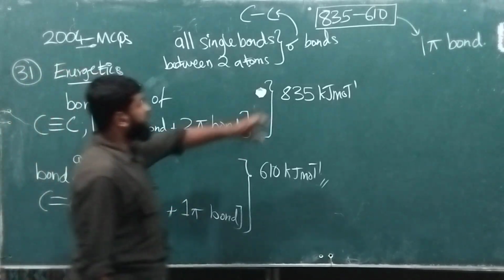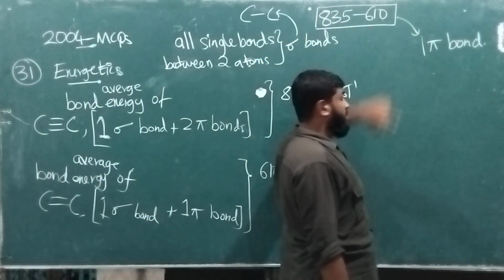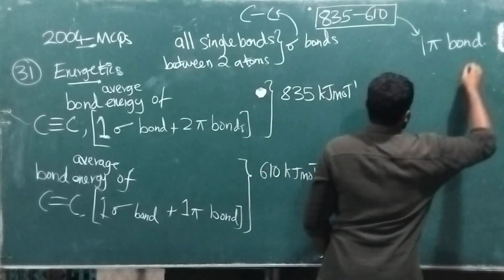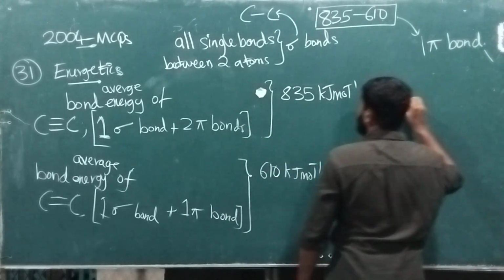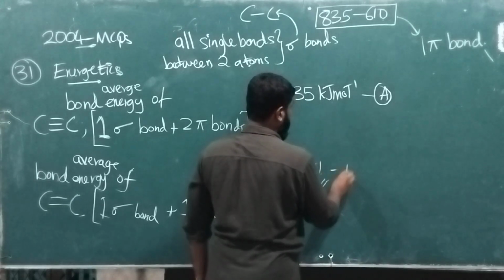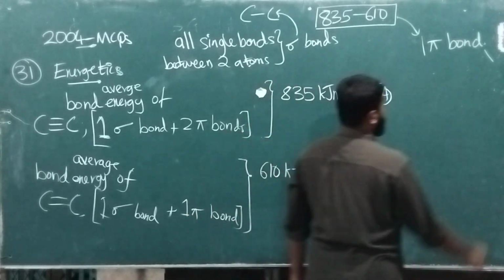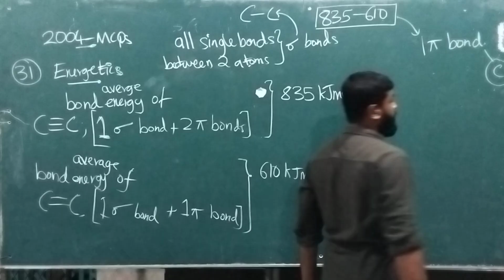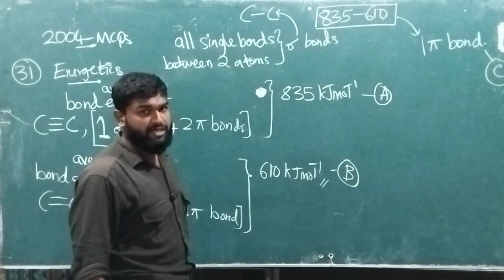Now you have found out the energy which is there for 1 pi bond. Let's say this is my equation A, this one is equation B, and this one is equation C. Let's talk about equation C.